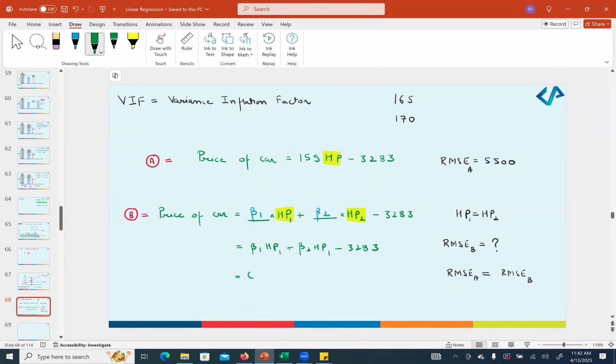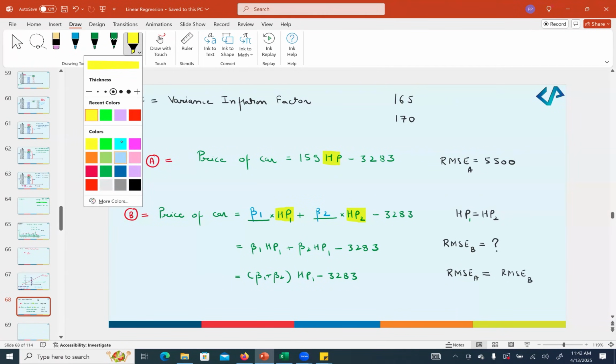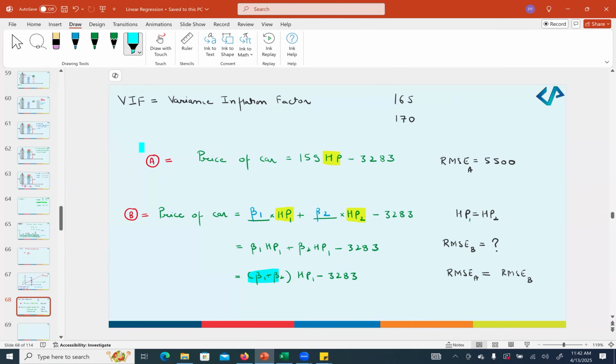Then can I say that B1 plus B2, is this also correct? B1 plus B2 equals 159. So B1 plus B2 is equal to 159.